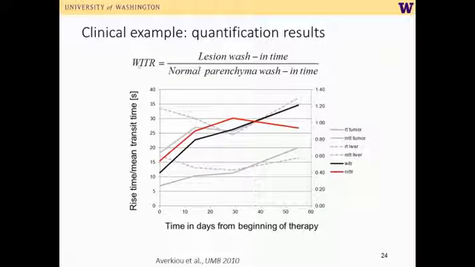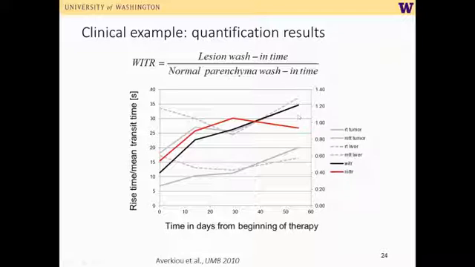So now, if we form this ratio, which is called washing time ratio, which is the lesion washing time divided by the normal parenchyma washing time. In other words, if we divide the solid lines with the dashed lines, we get these new curves here, where they both seem to settle around 1.